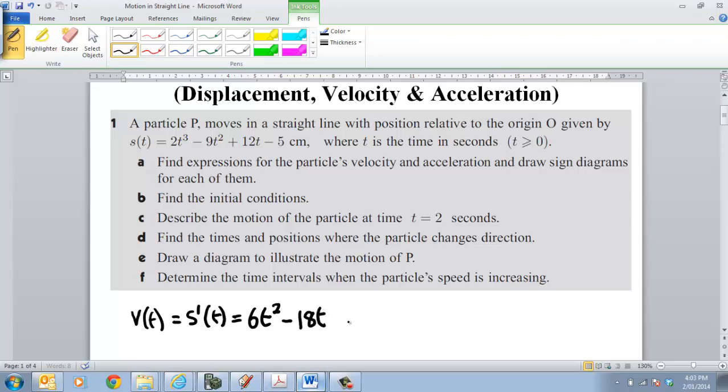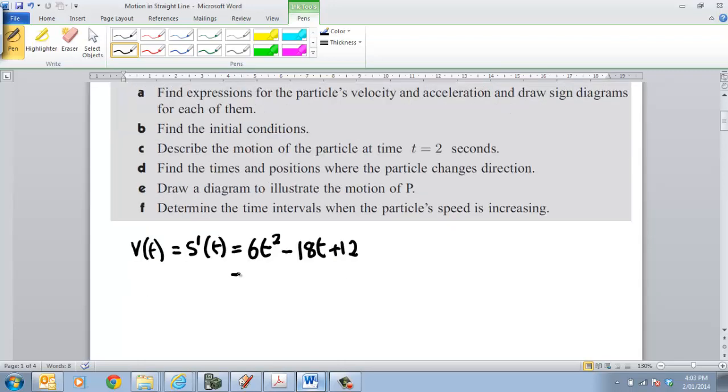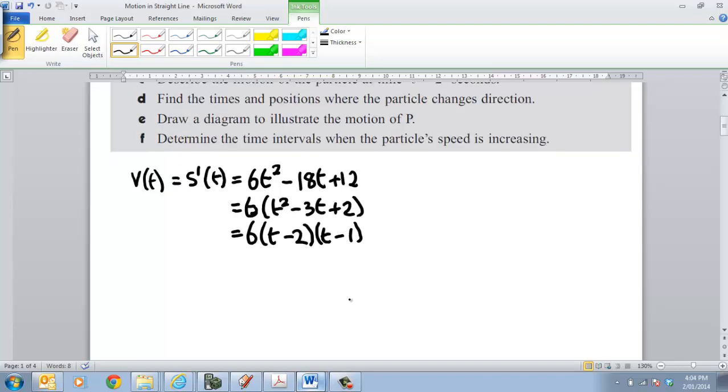Now if you take out a common factor of 6, you'll get t squared take 3t plus 2, which factorises to t take 2, t take 1. So we get our turning points.